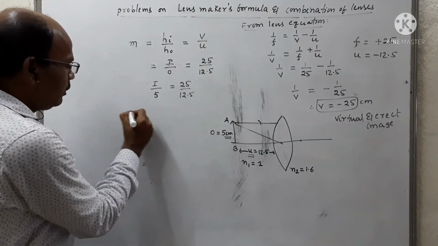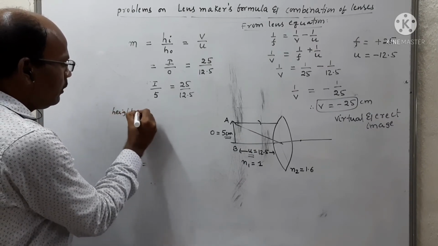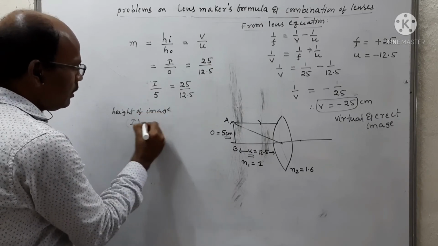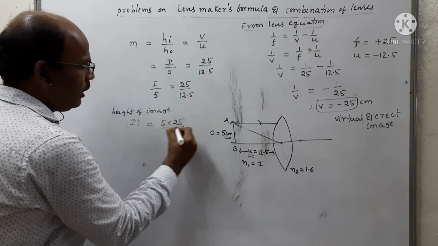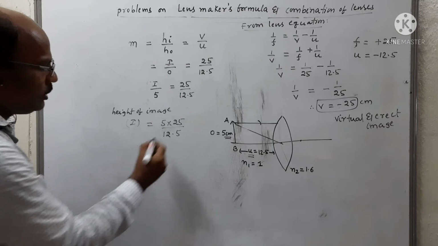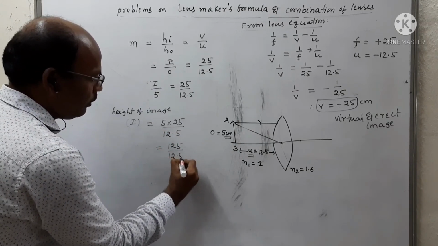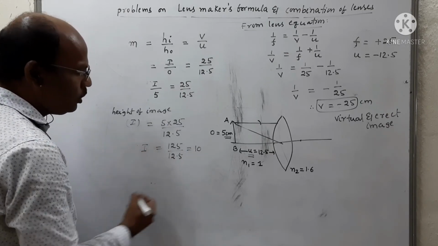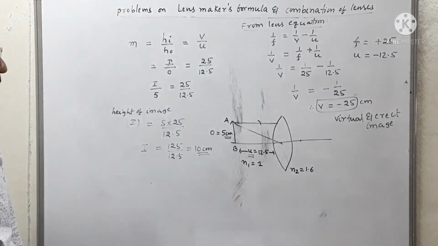Then the height of the image I is equal to 5 multiplied by 25 by 12.5. So this is equal to 125 by 12.5, that is equal to 10. So the height of the image is 10 centimeters.